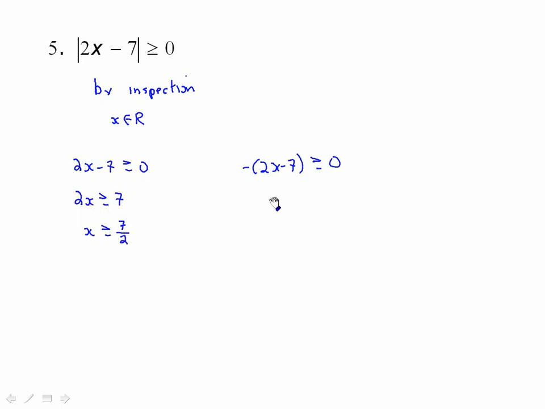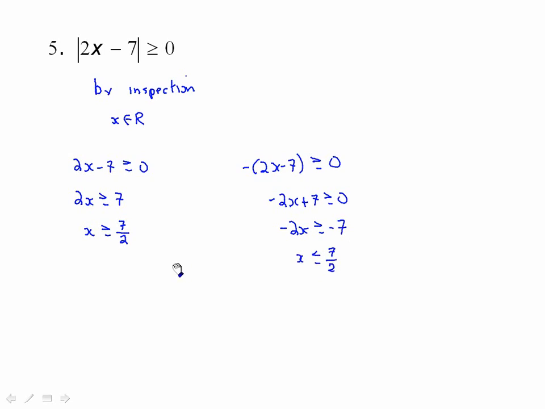And for this one, we get negative 2x plus 7 is greater than or equal to 0. So negative 2x is greater than or equal to negative 7. So x is less than or equal to 7 over 2. And if you take a look at these together, these are all real numbers.